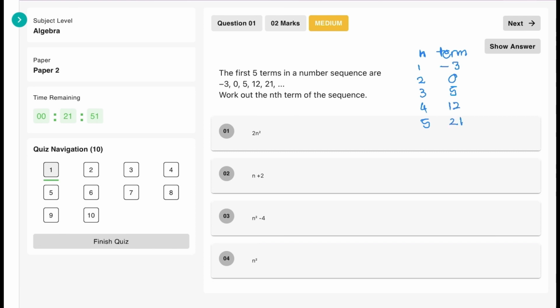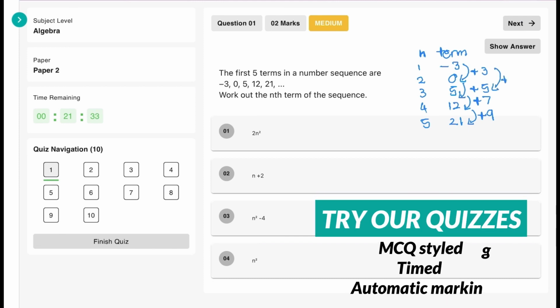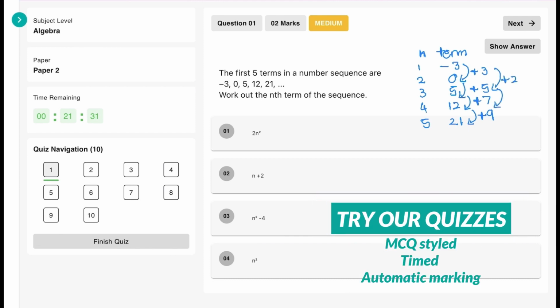So going from there, you can see that the increase here is 3, the increase here is 5, the increase here is 7, and the increase here is 9. That's the first difference, but we will continue and find the second difference.